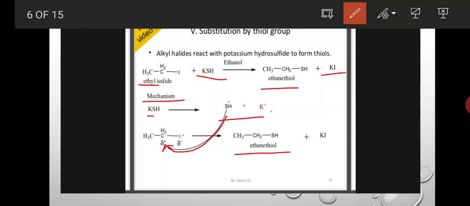The product is CH3CH2SH, ethane thiol. This reaction is called substitution by thiol group. Alkyl halides react with potassium hydrosulfide to form thiols. Ethyl iodide reacts with potassium hydrosulfide in the presence of ethanol and forms ethane thiol and potassium iodide.